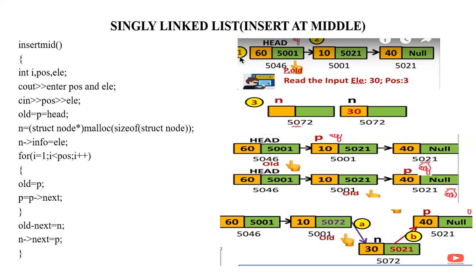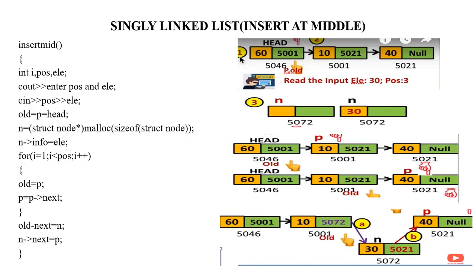First, I'm going to initialize the variables I, position, element. I'm going to enter the positions and element. So the position is going to be 3 and the element is going to be 30. Now the old variable is going to be p head. Okay, so the P old is going to be the head. So now I'm going to create a new node.